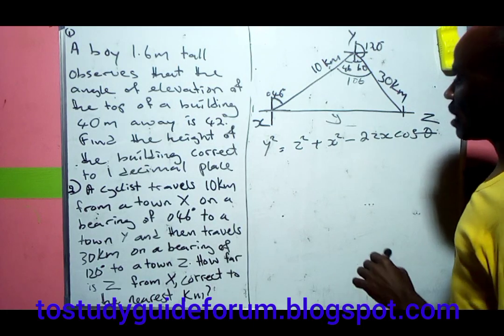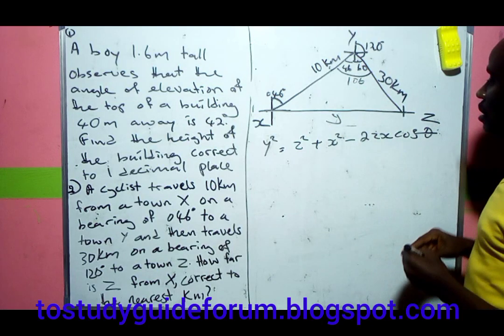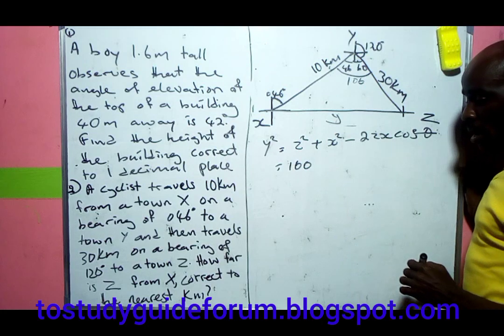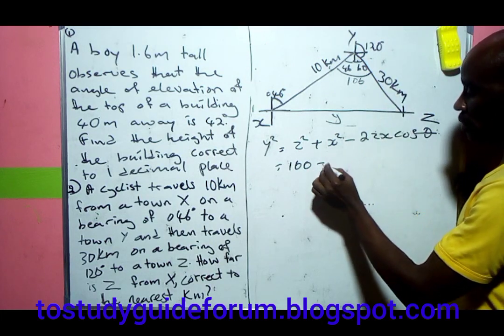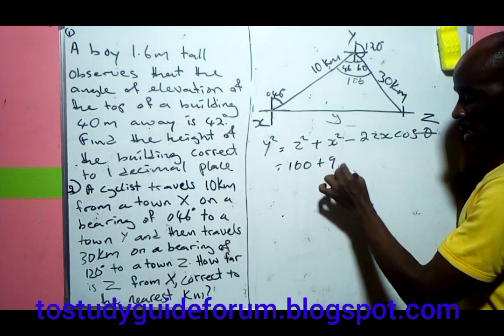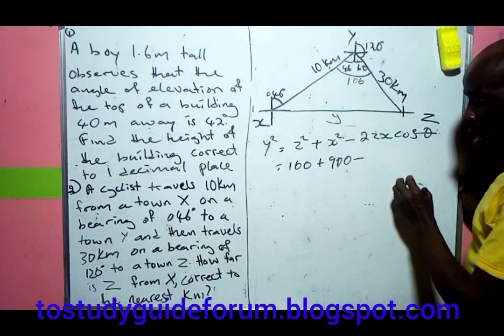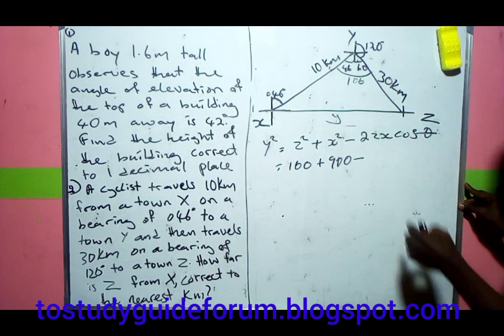So what we have here is that z squared, which is 10, will have 100. And then x squared will give us 900. Then we have everything here multiplying each other.